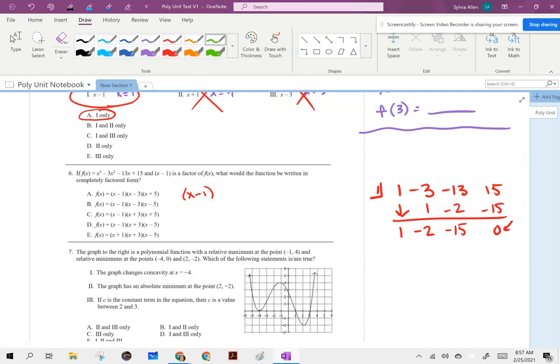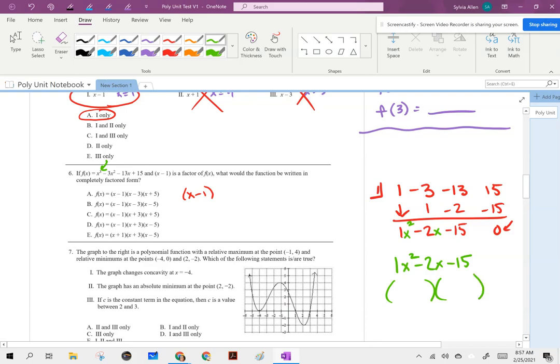But remember now, if I started with cubed, that means this is going to be an x squared and then an x. So I've got 1x squared minus 2x minus 15. So one of two things can happen. I can go ahead and factor this. I can utilize my answer choices to maybe figure it out. But I already know that the two numbers that multiply to negative 15 and add to negative 2 are x minus 5 and x plus 3.